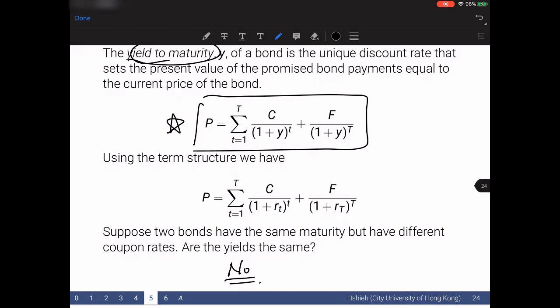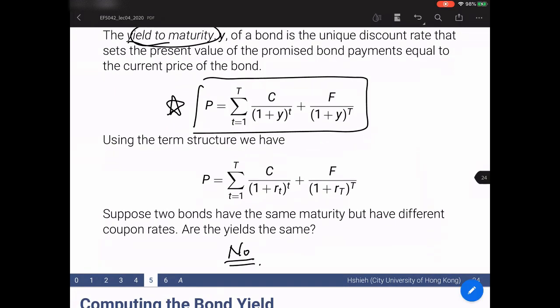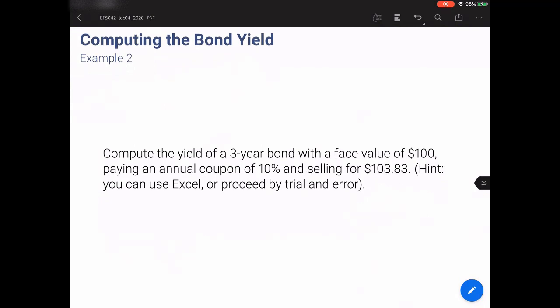All right, so let's go through an example of computing the bond yield. In slide 25, I ask you to compute the yield of a 3-year bond with a face value of $100, paying an annual coupon rate of 10%, and it is currently selling at $103.83.